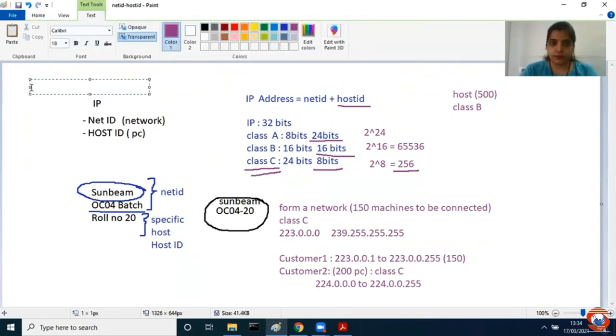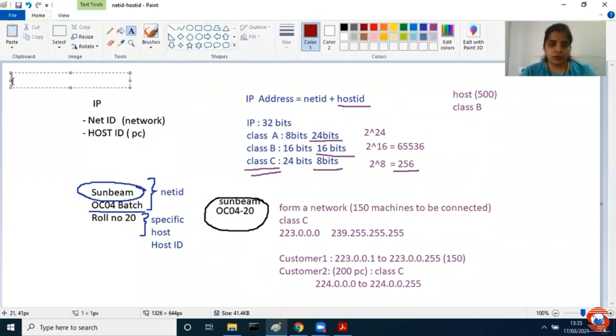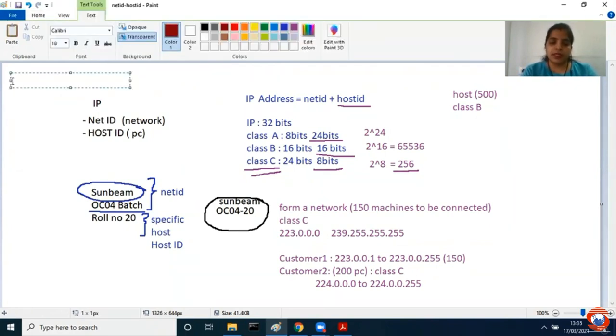Suppose मैं बोलती हूँ, I'm giving a short example because you can just consider. Suppose I'm saying I have got the IP address maybe 224.0.0.1, 224.0.0.255. ऐसा मुझे रेंज मिला है.